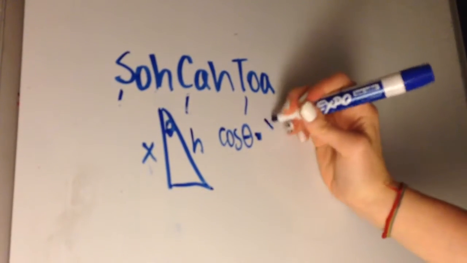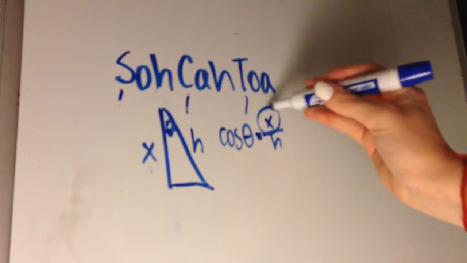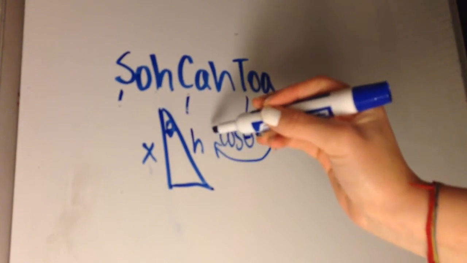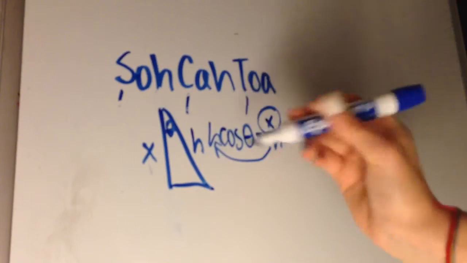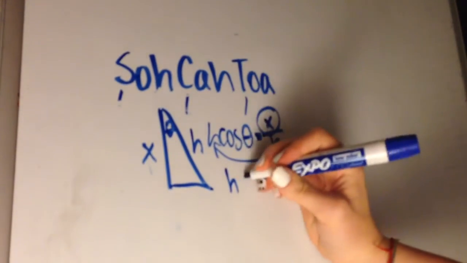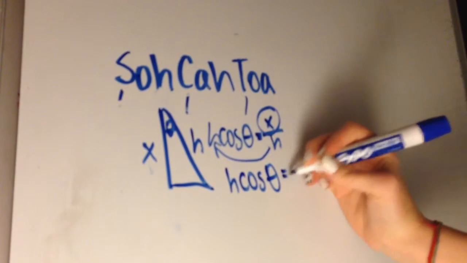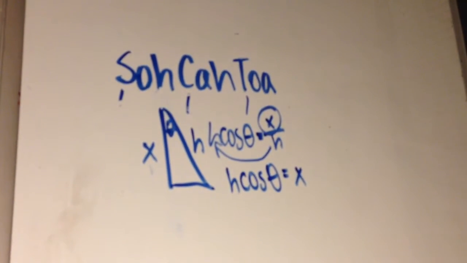So it's going to be x over h. And to get that x, all you do is multiply both sides by h, and you end up with the length of the hypotenuse times cosine of the angle measure equals that adjacent side.